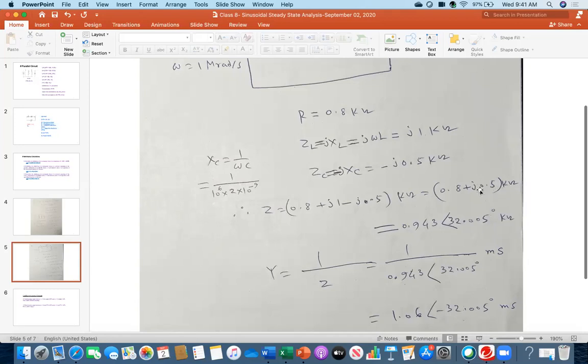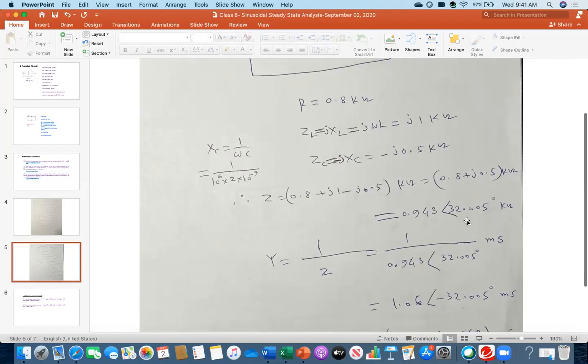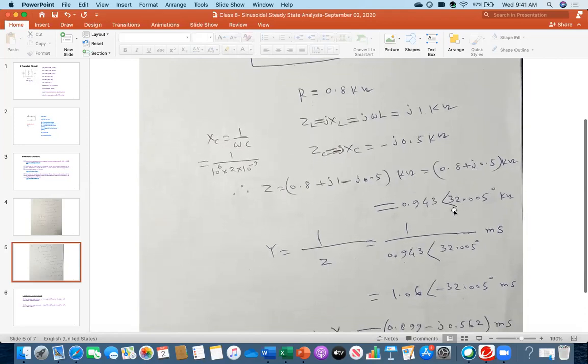This is in rectangular format, so I am converting into polar format. Please check your calculator that I did it correctly. My calculator works correctly, please you check. And the unit is kilo ohm.